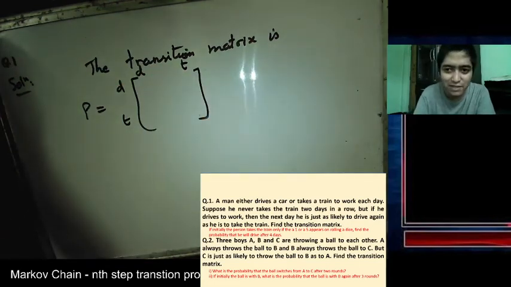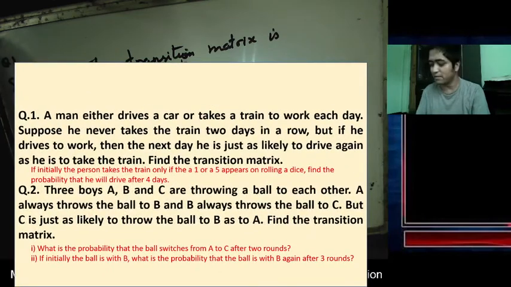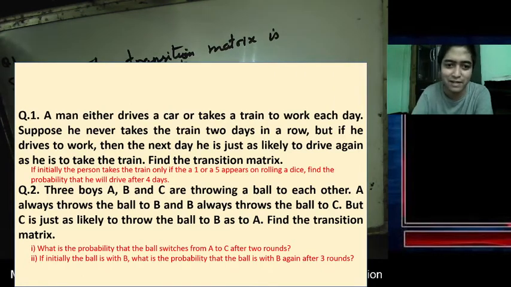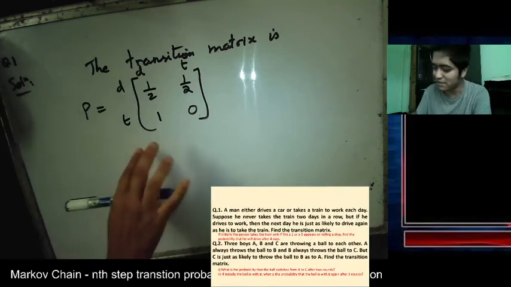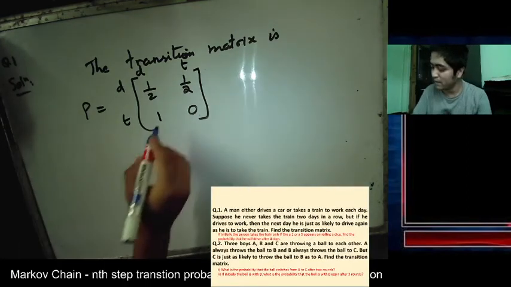Of course the numbers will change, but overall the result will be the same. So how did we find this one? Suppose he never takes the train 2 days in a row. So if he takes a train on the first day, on the second day he will never take the train, and equally likely. Refer to the link in the description for how we find the transition matrix. So the transition matrix is this.